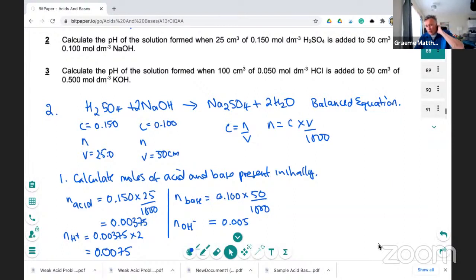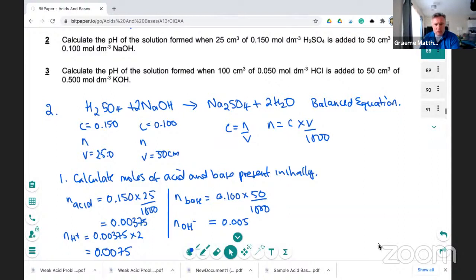So what I thought we'd do is finish off the module on strong acid, strong base calculations, really easy to do. Then after that, do some past paper questions on it, because I like to do past paper questions to help you out as much as possible. And then we'll take a look at weak acids and weak bases. All right, so here we are on this one.